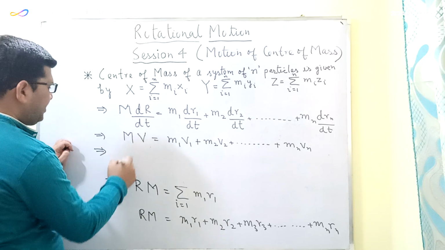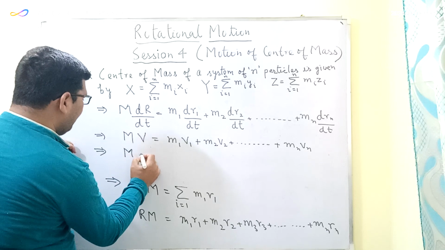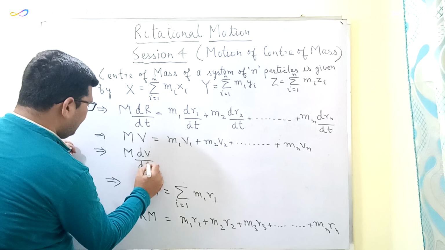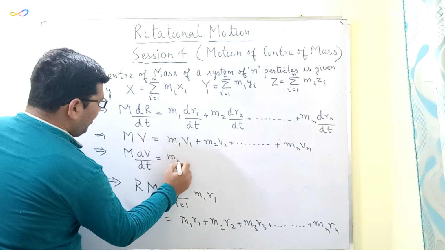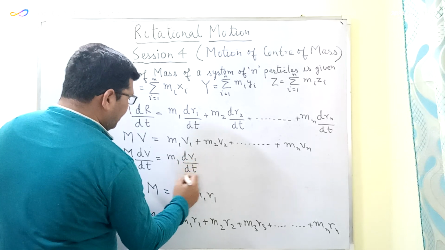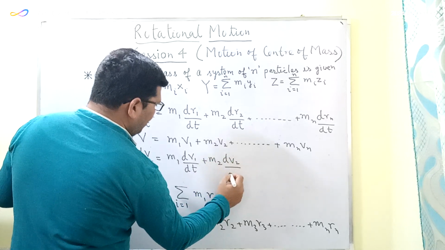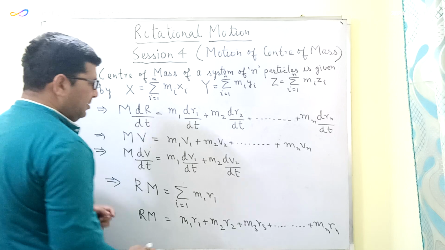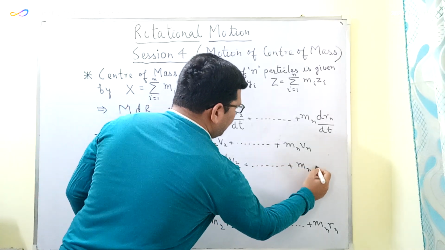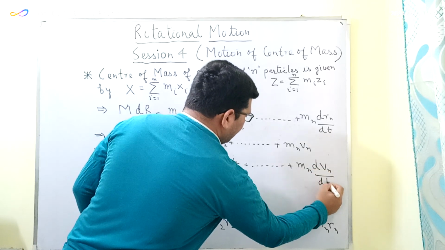Again, if I differentiate this equation with respect to t, then what will we have? I will get M dv upon dt, which will be equal to m1 dv1 upon dt plus m2 dv2 upon dt and so on, plus mn dvn upon dt.